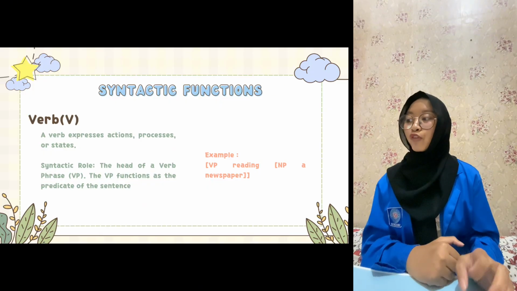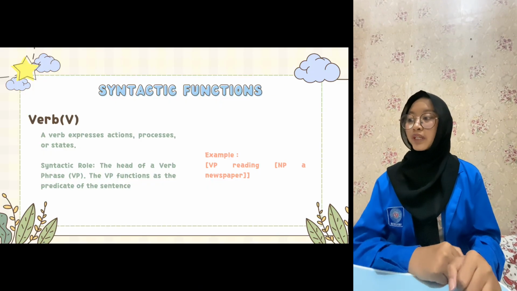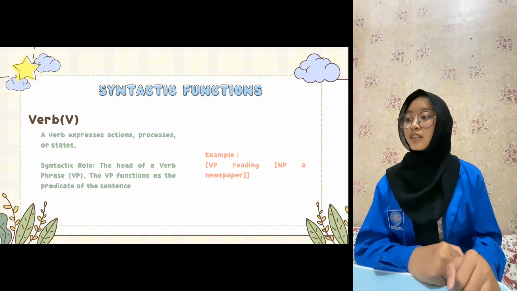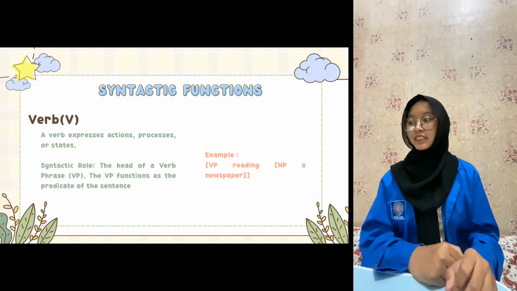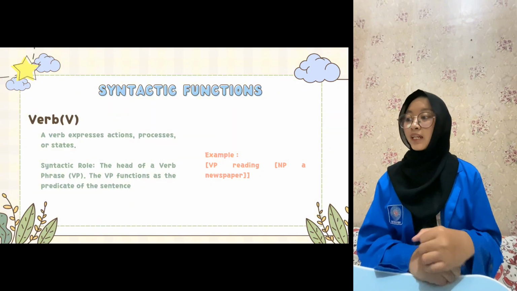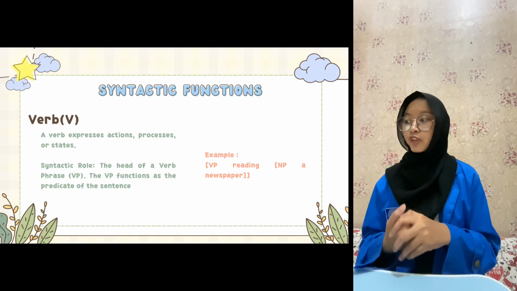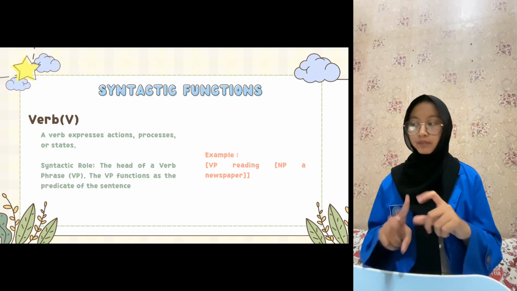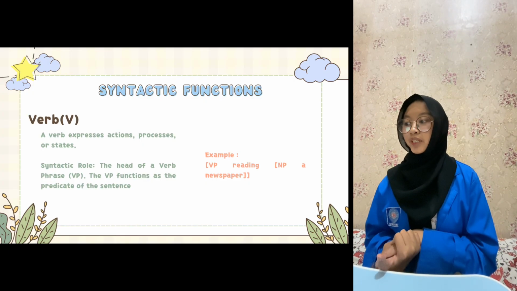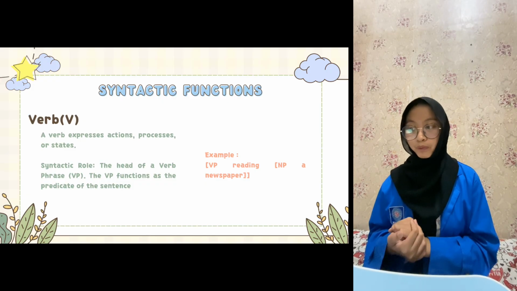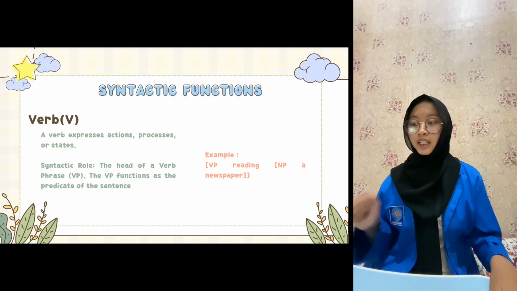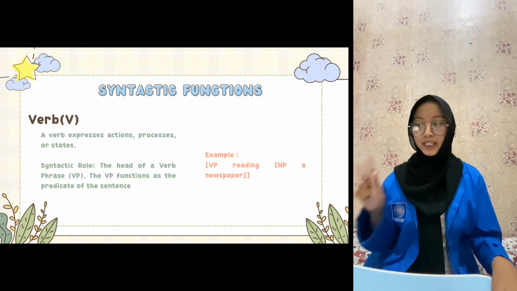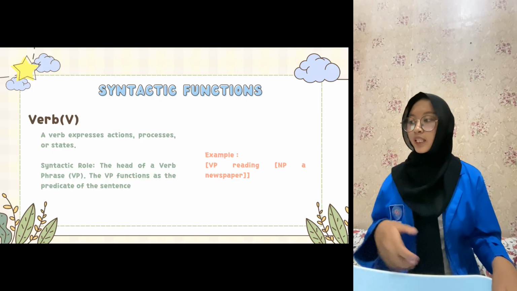Next is verb. A verb expresses actions, processes, or states. For the syntactic role, it is the head of a verb phrase, or VP. The VP functions as the predicate of the sentence. For example, reading a newspaper is the verb phrase.